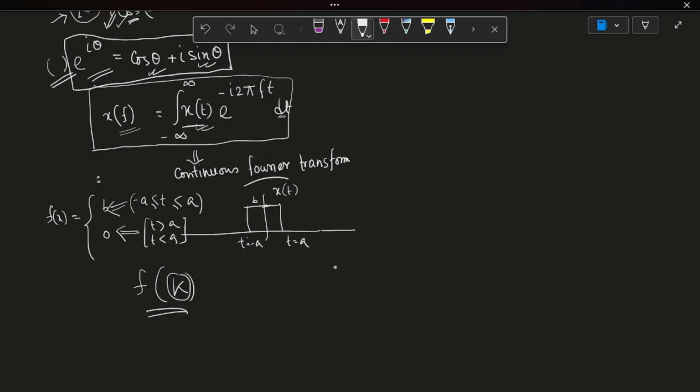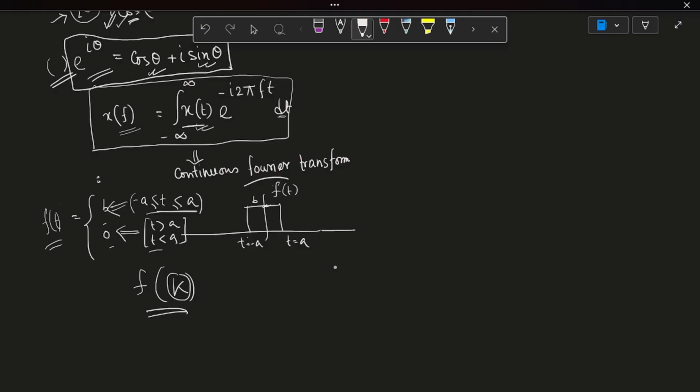Okay, this is a function of t, so this is not x, this will be t also. Here f of t is b for t in this range, and it is 0 in this range.